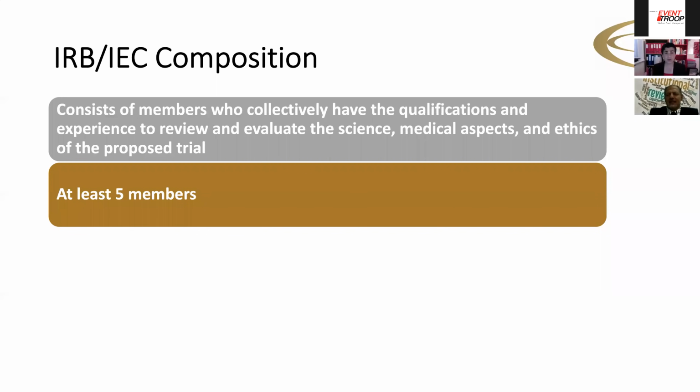Some IRBs have 7, some 10, some 15, but not a single one will be below 5. If the number is below 5, then we have non-compliance with good clinical practice, and that IRB is not in compliance with GCP, so they cannot review our research.